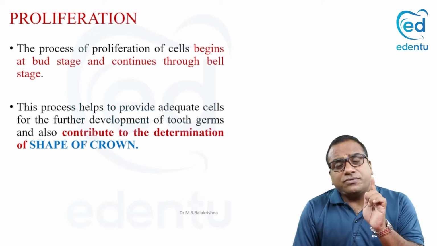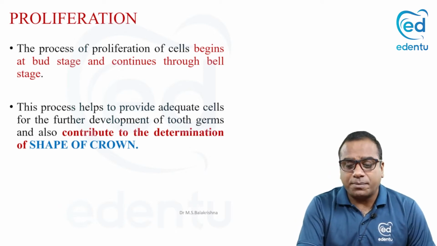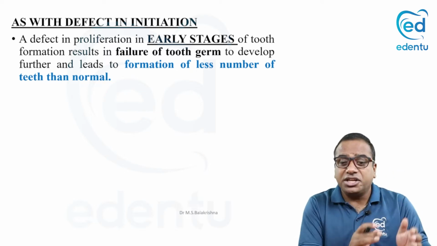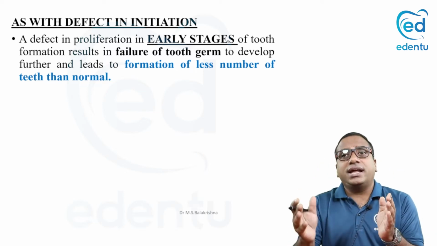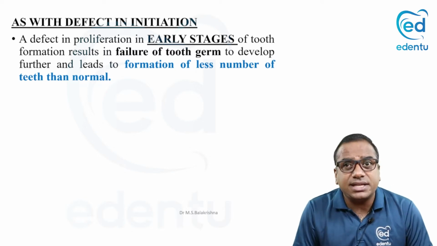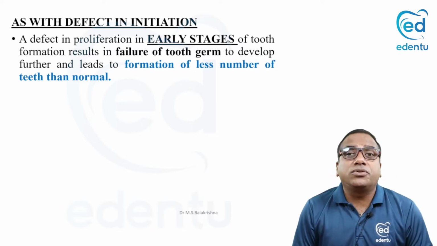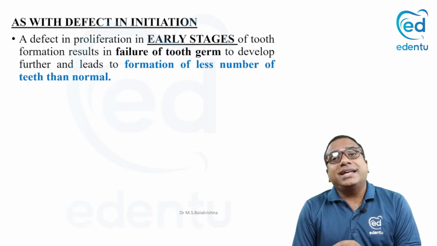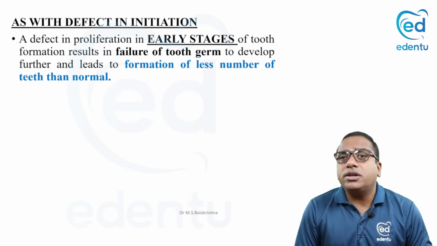Now this is a very vital step. If any defect happens in this step and in the initiation, the defect can happen at the early stage or at the late stage. If the defect happens at the early stage, it will result in failure of the tooth germ to develop. The tooth germ will not develop, which will result in fewer teeth in the oral cavity, because the tooth germ is not there.